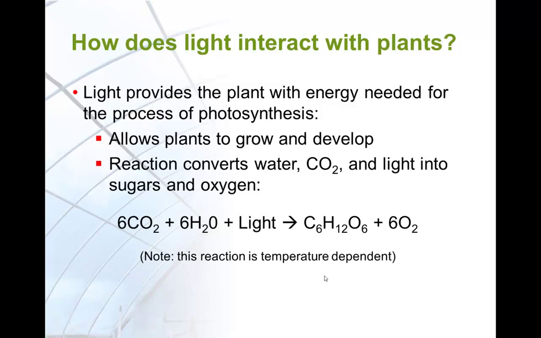So how does light interact with plants? The most important process is photosynthesis. It allows plants to grow and develop. It is a reaction that converts water and CO2, using light energy, into sugars and oxygen.